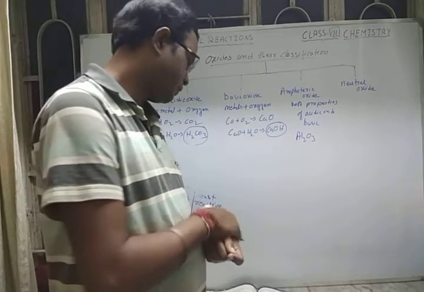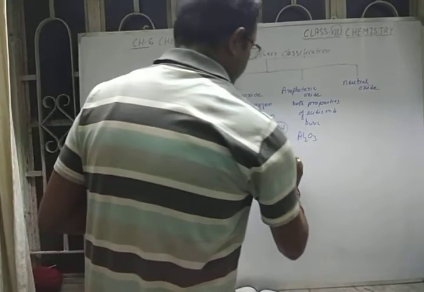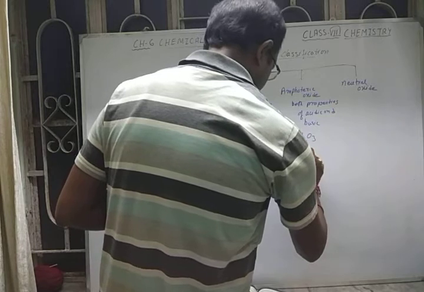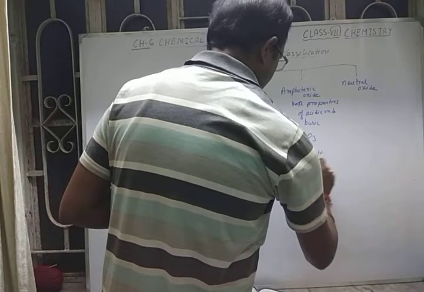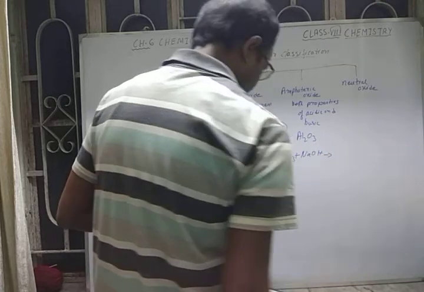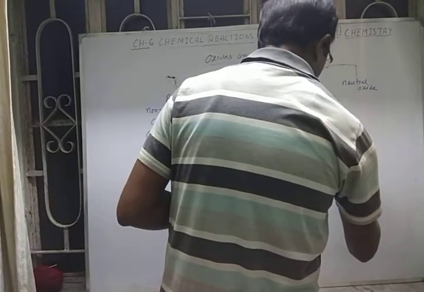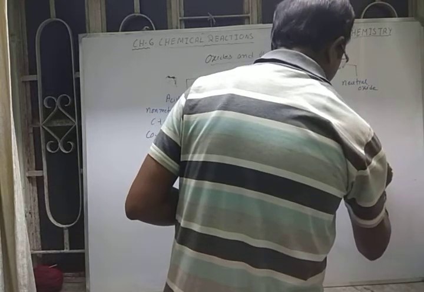Another example you can take: when this aluminium oxide Al2O3 reacts with NaOH, sodium hydroxide, it will give you sodium aluminate, NaAlO2 plus H2.